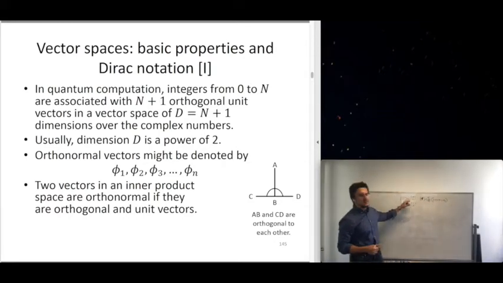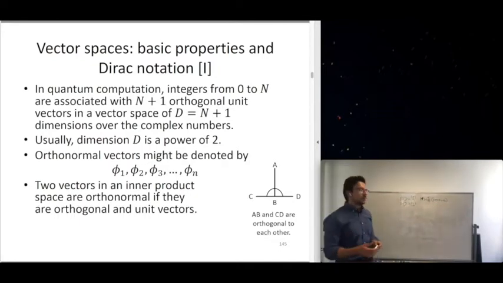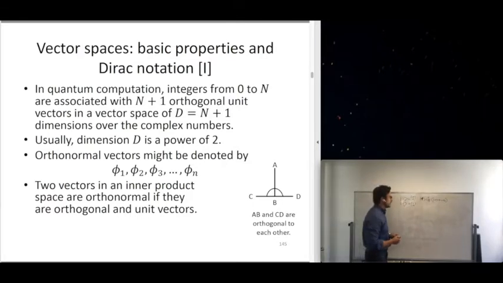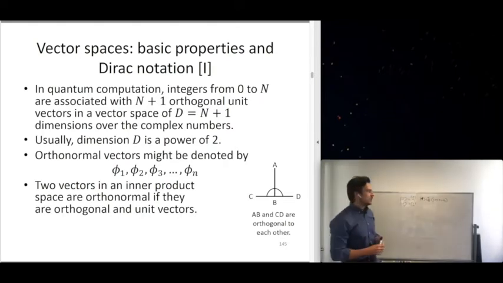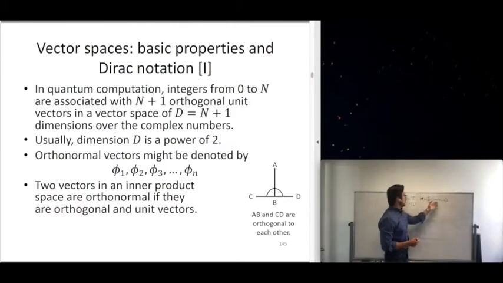So the basis states are definite. There is no probability. But for superposition states, we have probability amplitudes. And remember, you get the probability if you square the amplitudes. Why is that? Because our probability amplitudes are complex numbers, and anytime you square a complex number, you get a real number. And that's the probability associated with each of the states.